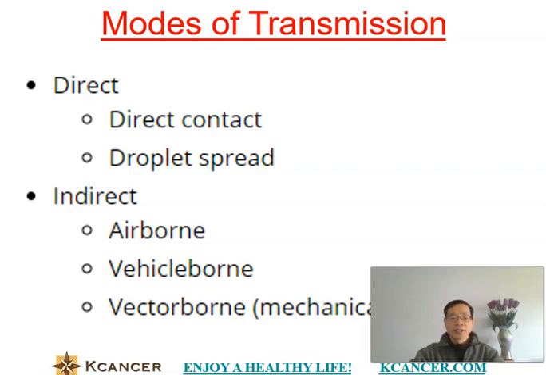And as mentioned, there are also indirect factors for the transmission of the virus. If I'm sick, or if I'm a carrier and I carry the virus but I'm not sick, I walk along and I sneeze, and every sneeze gives out 40,000 droplets.